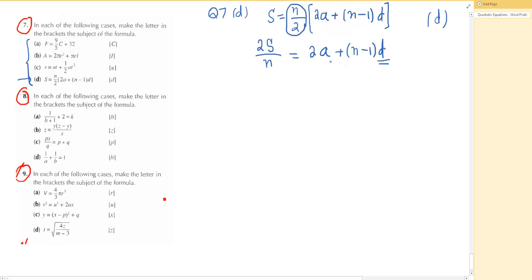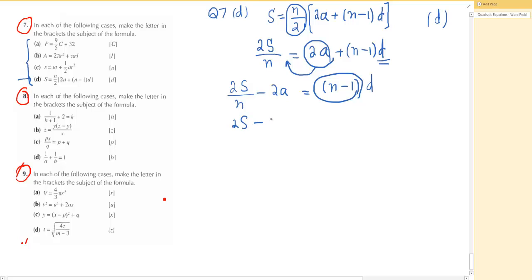So now we have to make D the subject. So D, we have to first shift whatever is plus and minus over here. No, I will shift this. It is multiplying here. So I will write this big here and n minus 1.